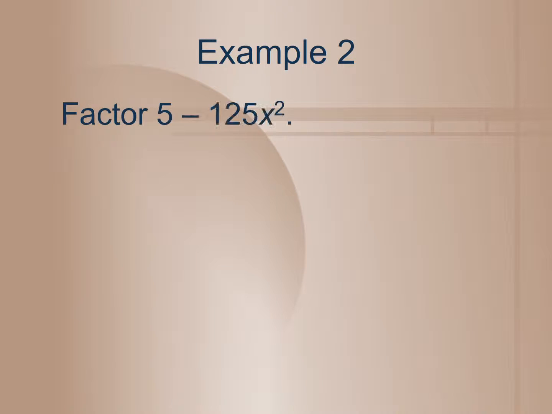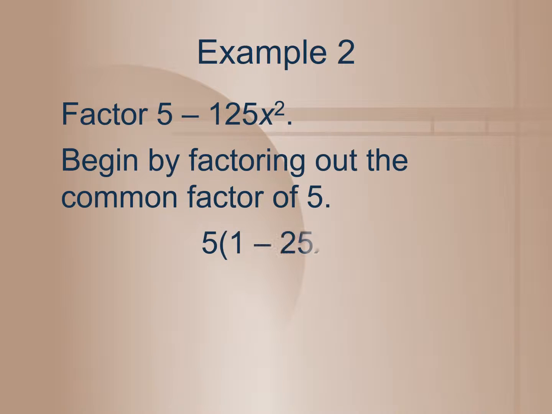The next example is 5 minus 125x squared. Before we begin anything, I notice that I have a common factor in these two terms. I could factor out a 5, leaving 5 times 1 minus 25x squared. This is a difference of squares because 1 can be expressed as 1 squared, and 25x squared can be rewritten as 5x squared.